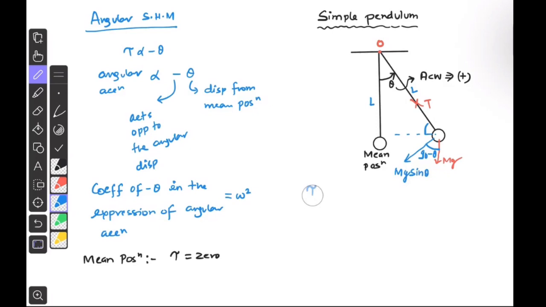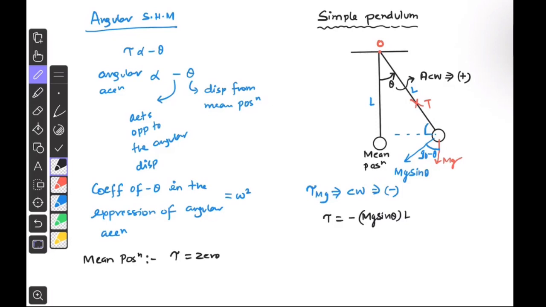And the torque due to mg, tell me in which sense it is going to act. Clockwise sense. So that will be our negative sense. So torque due to mg will be minus F perpendicular into L, where F perpendicular is mg sin theta. So you see, torque is not proportional to minus of the angle theta.